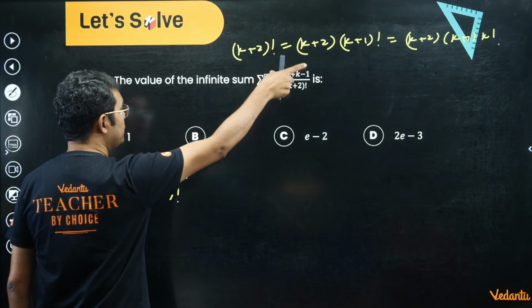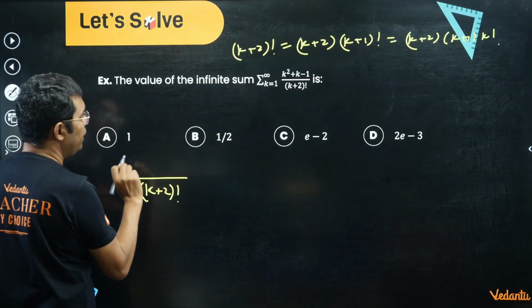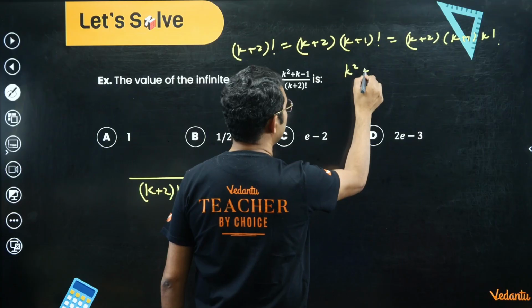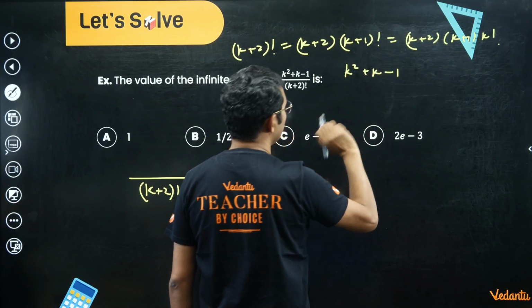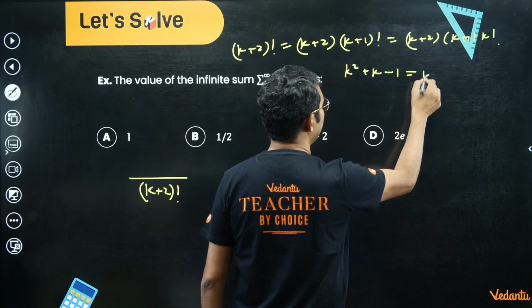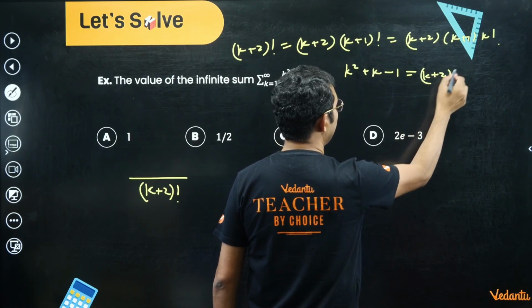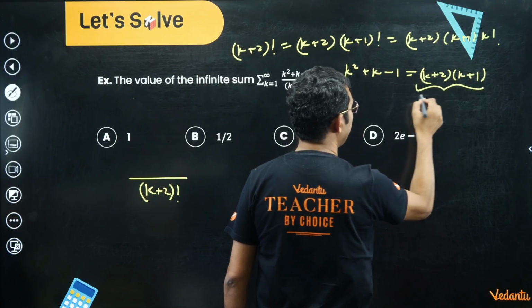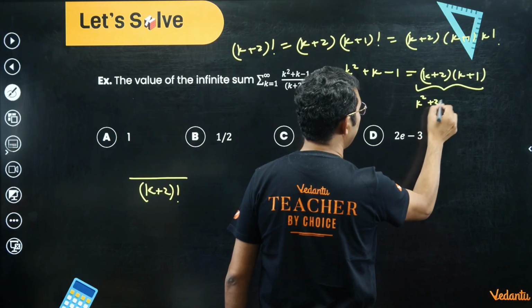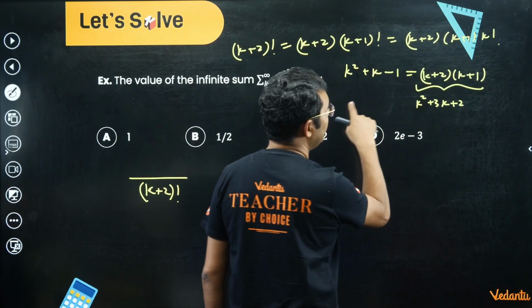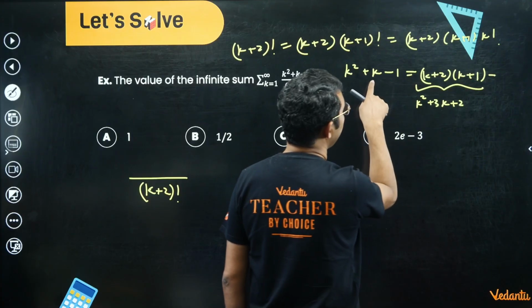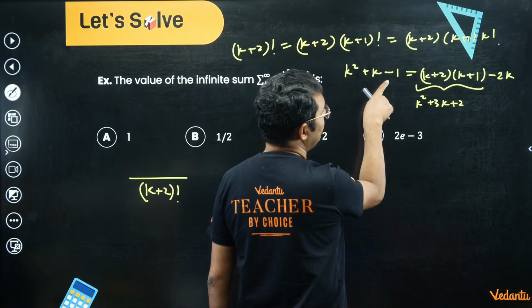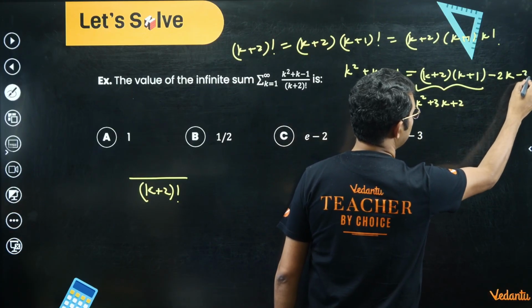If I try to write this quadratic in the numerator, let me do this calculation here only. k square plus k plus 1, minus 1 actually. I can write this as k plus 2 into k plus 1. So you can see this will be k square plus 3k plus 2. For that I have to subtract 2k, because I need k only, and because I need minus 1, I have to subtract 3 here.